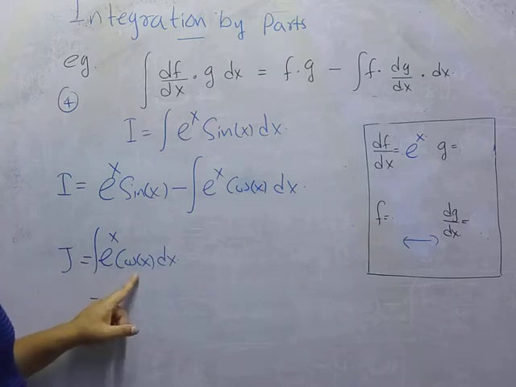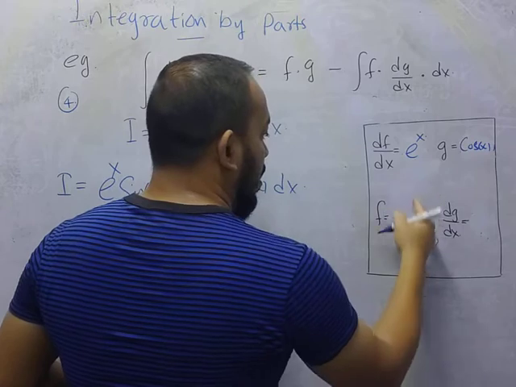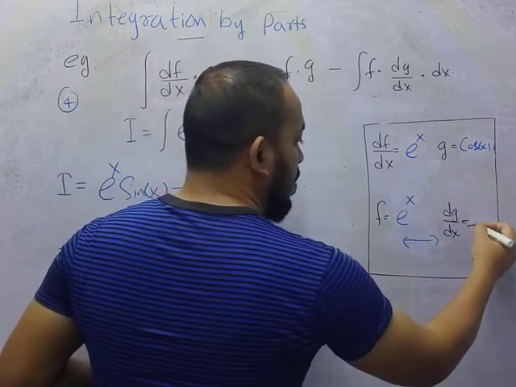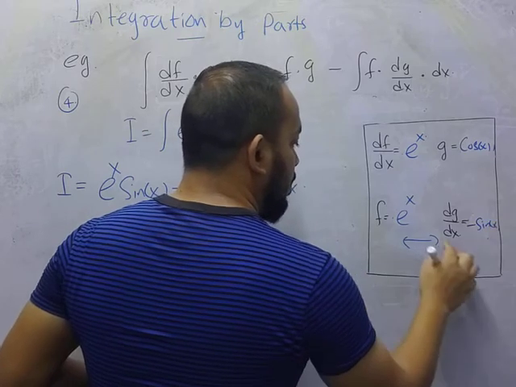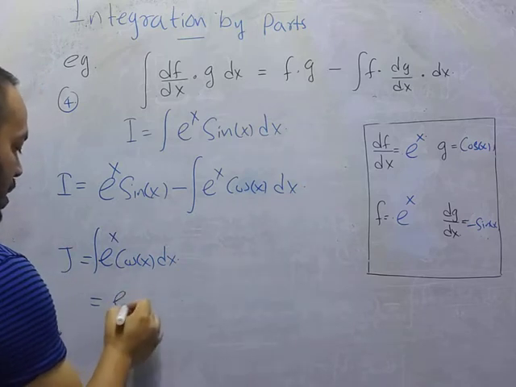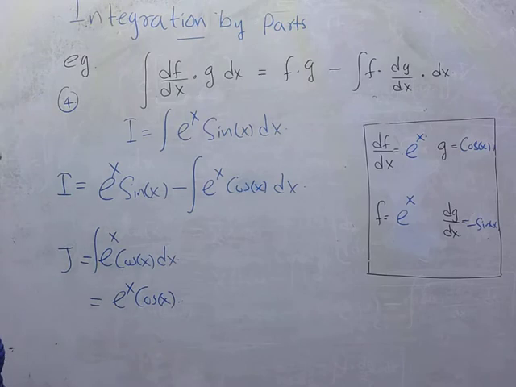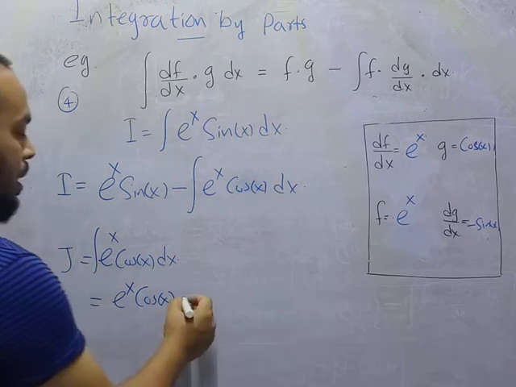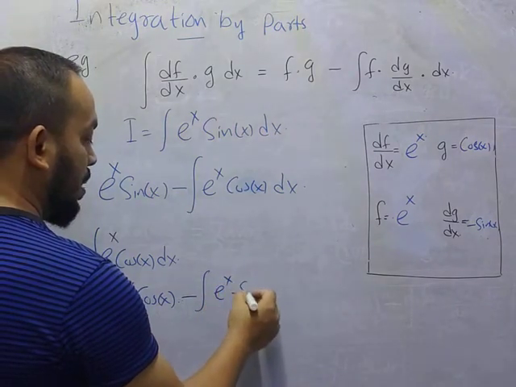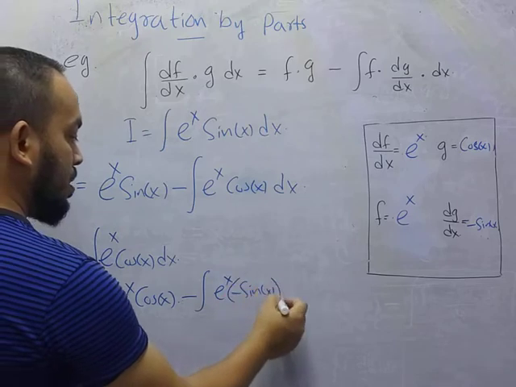I'll leave it as it is. Then for g I use cosine of x. On differentiating, this becomes minus sine of x. Okay. So now the product, e^x cosine of x minus the integral of e^x times minus sine of x dx.